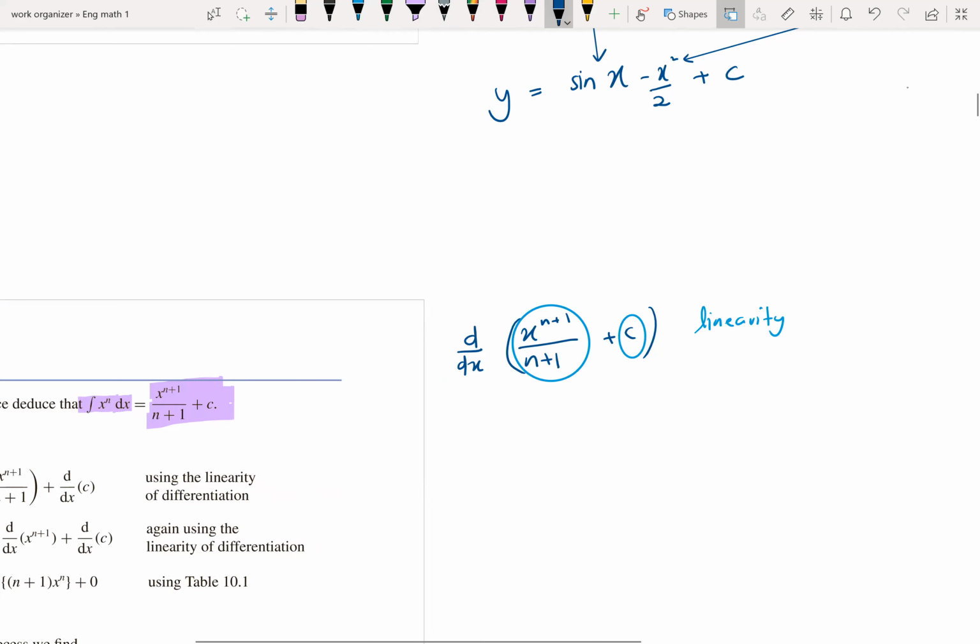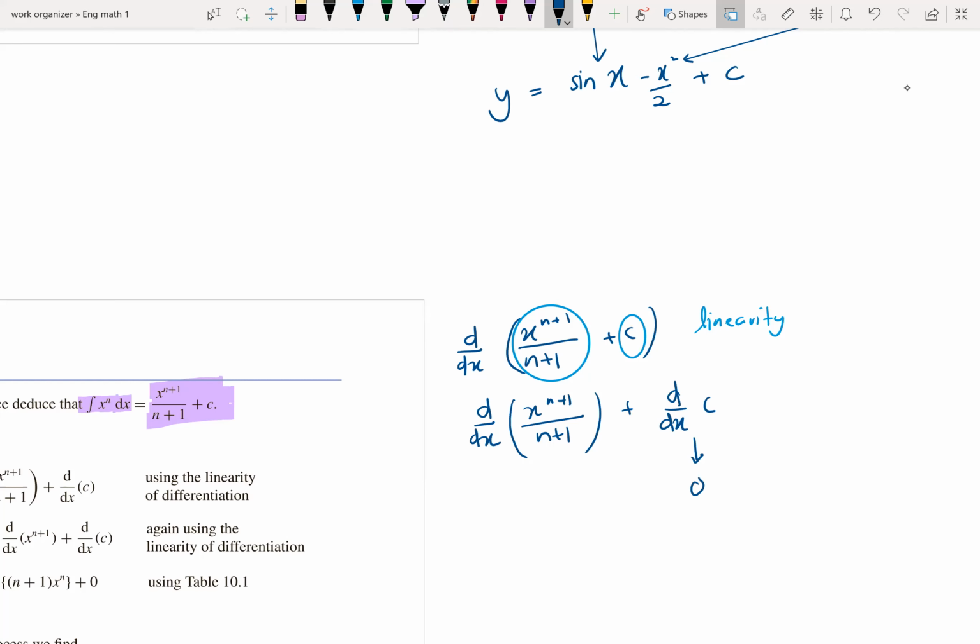So d over dx of x^(n+1) over (n+1), plus d/dx of c. So this one we will get 0.